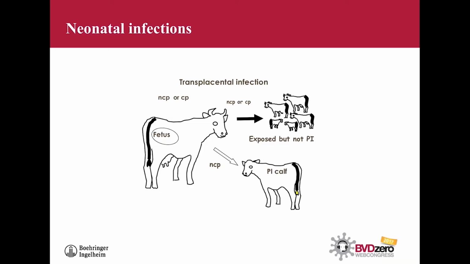So let's talk a little bit about neonatal infections again. We focus a lot on the infection of the fetus and PI calves. But as I said, animals infected in the final two trimesters are exposed, not persistently infected, but may have significant immune damage that may only become recognizable later in life, due to poorer health, more problems with secondary pathogens, more problems with reproduction, more problems with handling stress.